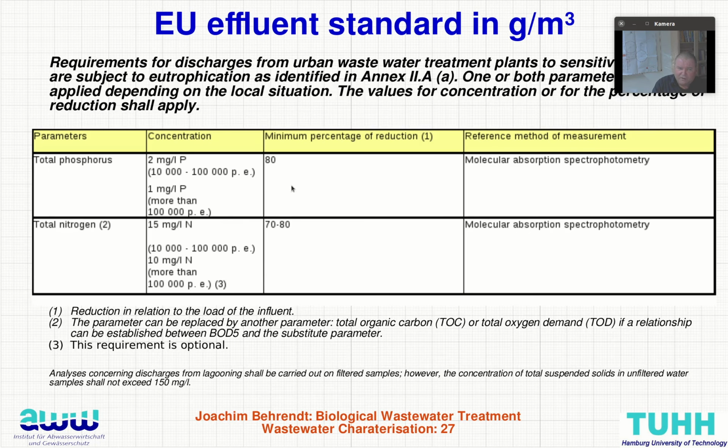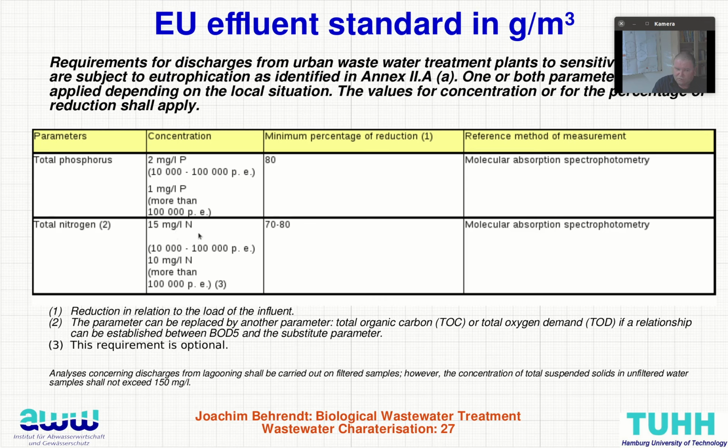For P and N, this is mainly the challenge. We have to remove phosphate up to 80%, and normally it should be lower than 1 milligram per liter P. Nowadays, from the German law, I think from 2024 on, we have to recycle at least 80% of the inflow.